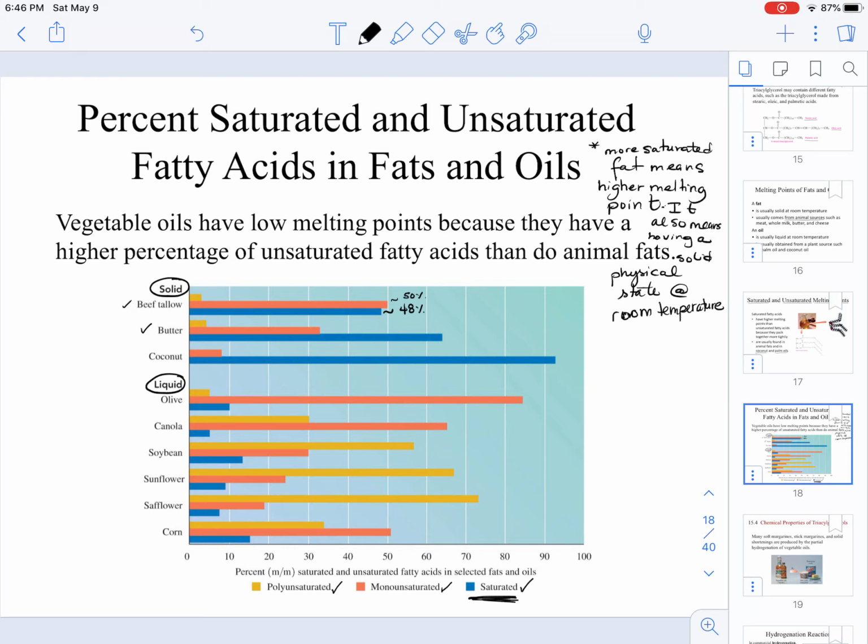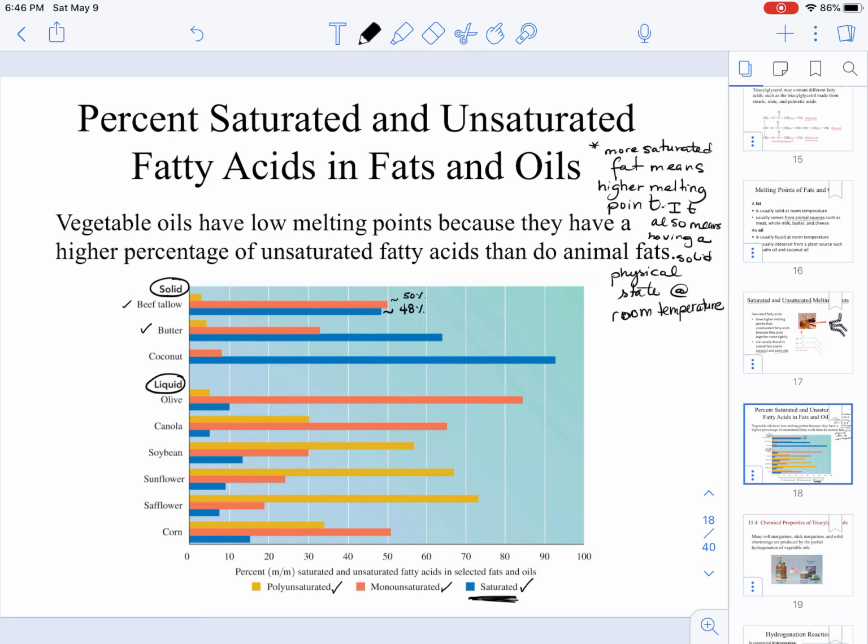If we compare it to butter, butter has an even higher percentage of saturated fat. Coconut oil, even though it's an oil, because it comes from a plant source, is solid at room temperature because it has more saturated fat. Again, those fatty acids can stack together just like Pringle potato chips, and that's why it forms that solid consistency at room temperature.